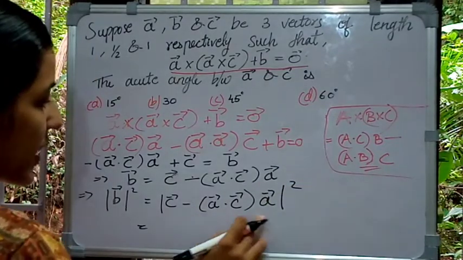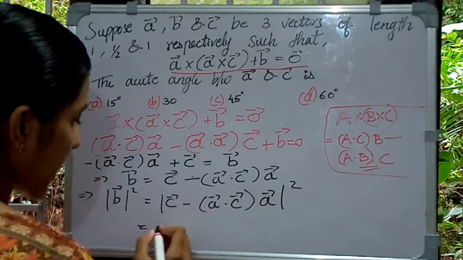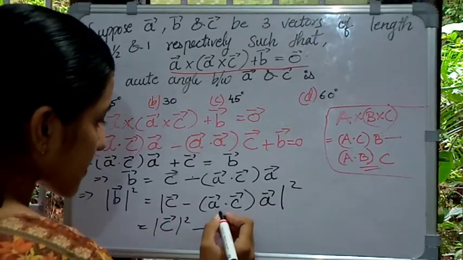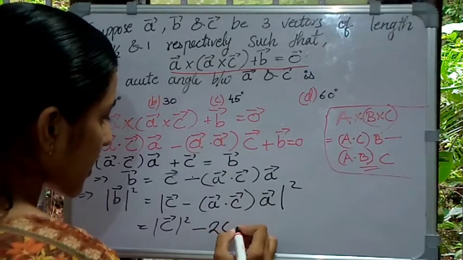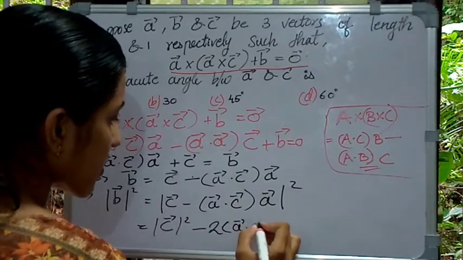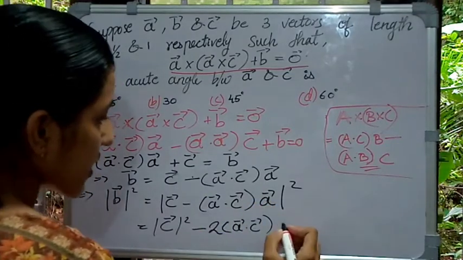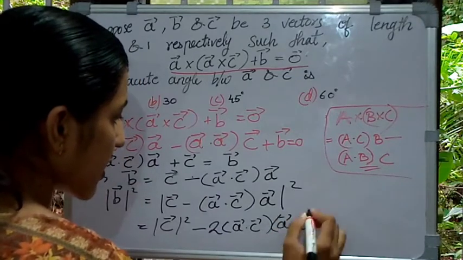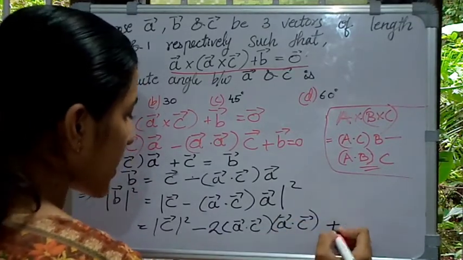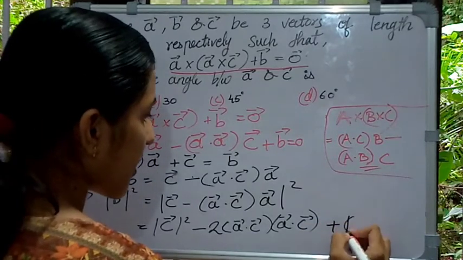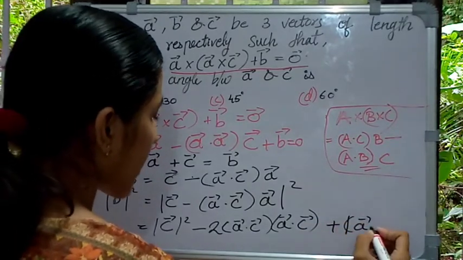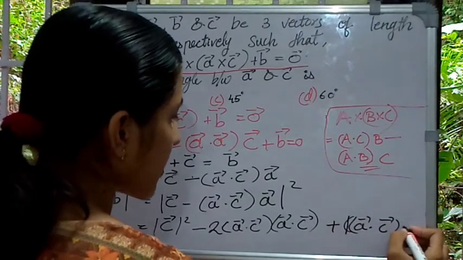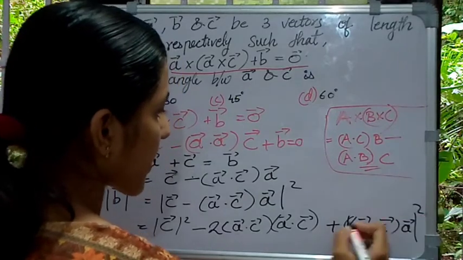This is in the form (A minus B) whole square. So on expanding this, we get vector C whole square minus 2 into vector C dot (A dot C) A, and the remaining is vector A as well as C, so we can write it A dot C here, and the remaining, that is plus (vector A dot vector C) whole square into A whole square.